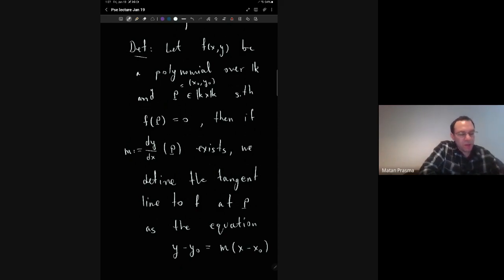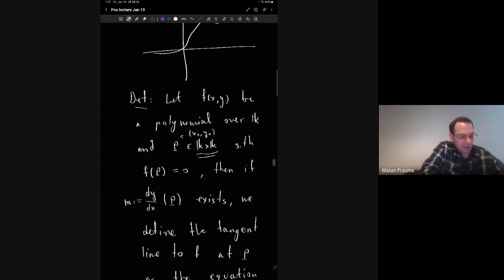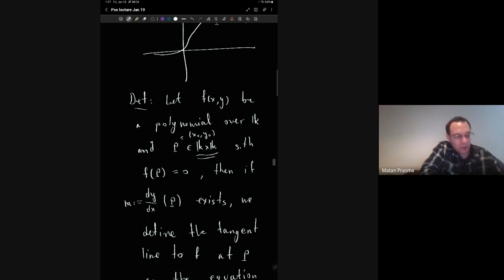So what do we make of this definition? This is a general field K, remember. And of course, the case you should always have in mind is when K is equal to the real numbers.